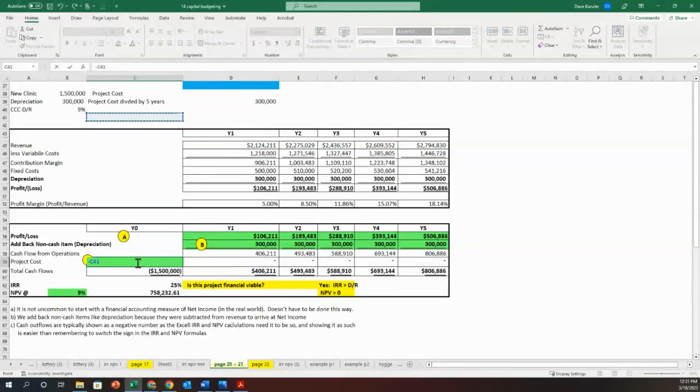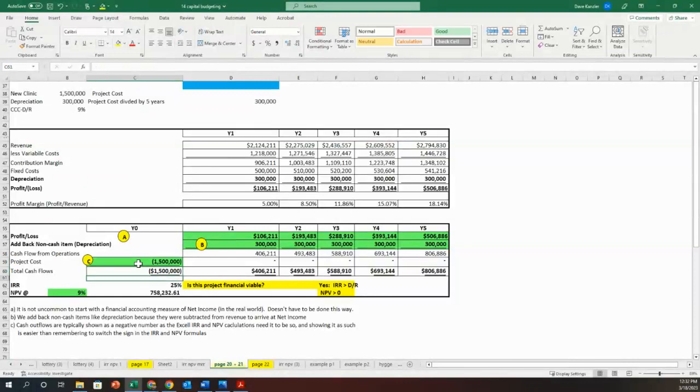It's negative, the project cost, an outflow. And then I just have total here, just make it kind of neat and tidy. Then I have my year one actual cash flow, year two, year three, year four.